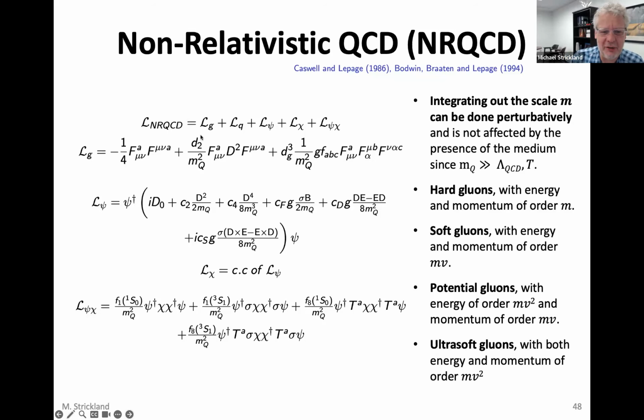But what you do is essentially an expansion in 1 over the mass. So if you look at all of these terms, you'll see that there's a 1 over the mass appearing here. You can write down a complicated looking Lagrangian where these spinors are the top part of the Dirac four-spinor and the bottom part of the Dirac four-spinor. They're the heavy and light parts of the Dirac four-spinor in this limit.